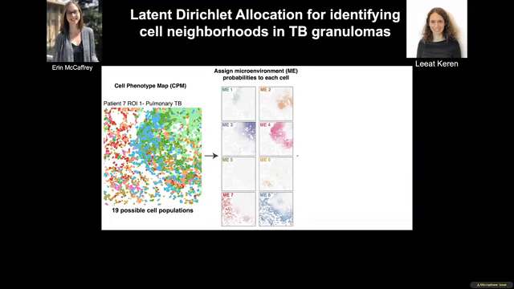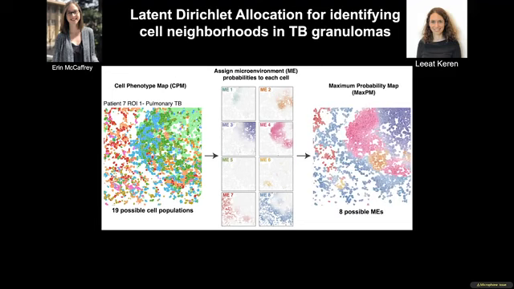In each of these images, the opacity of a particular color corresponds to the probability that the cell belongs to that microenvironment. If for each cell we pick the color of the highest probability microenvironment, we come up with this composite: on the left, the image is colored by cell type, and on the right, each of the cells is colored by what microenvironment it belongs to.